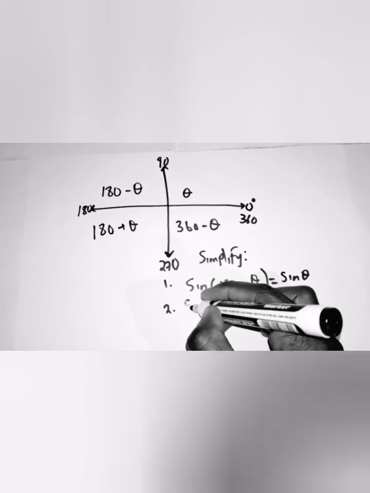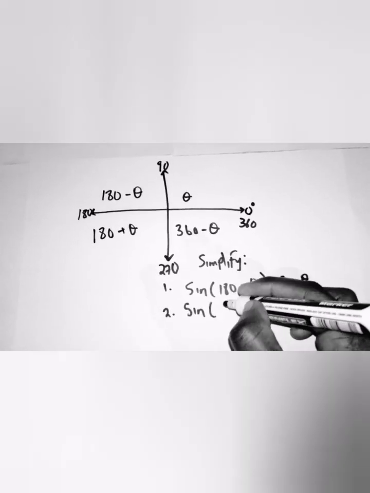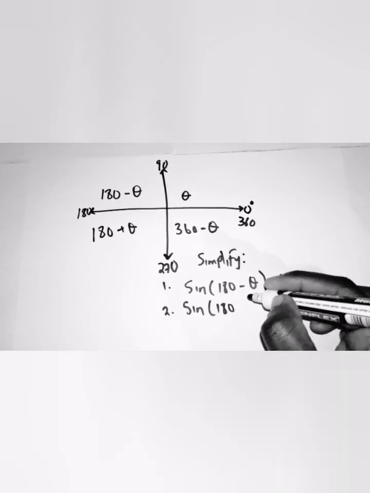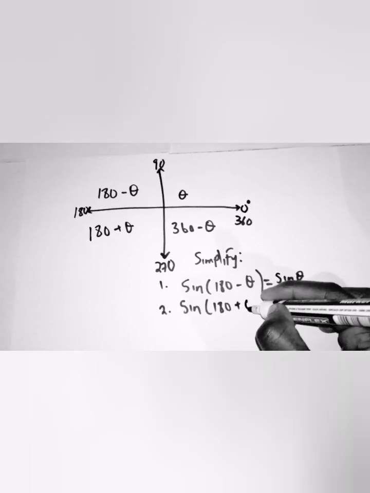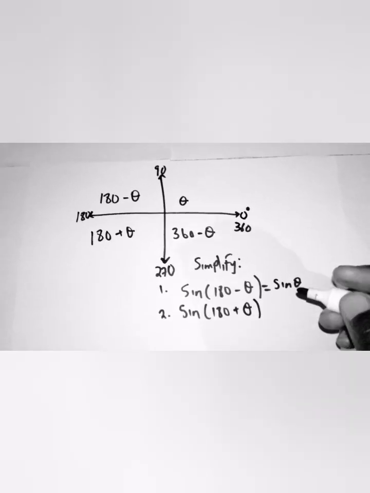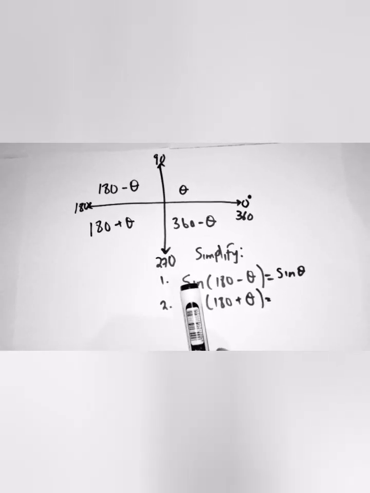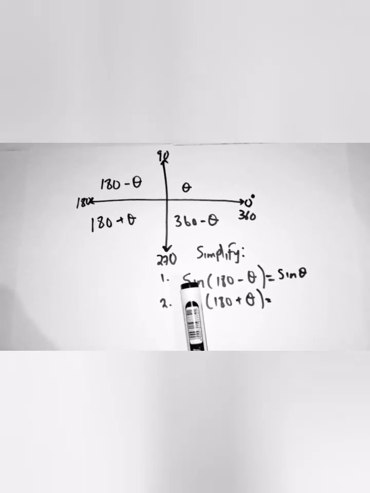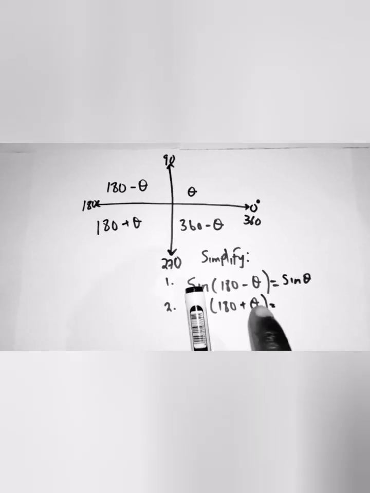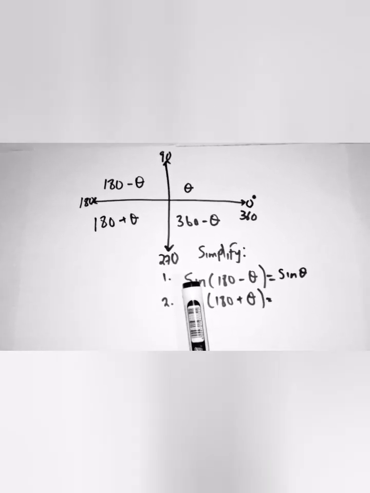For an example, you have sine of 180 plus theta. Now let's simplify it. The first thing for you to do is close the trig ratio and look at what is inside the bracket. What is inside the bracket tells you about the quadrant. So that's quadrant number 3.